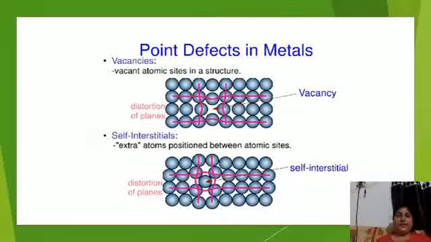See in this figure what I explained. The first one is vacancy defect and this one is interstitial defect. What happened over here? An empty space.